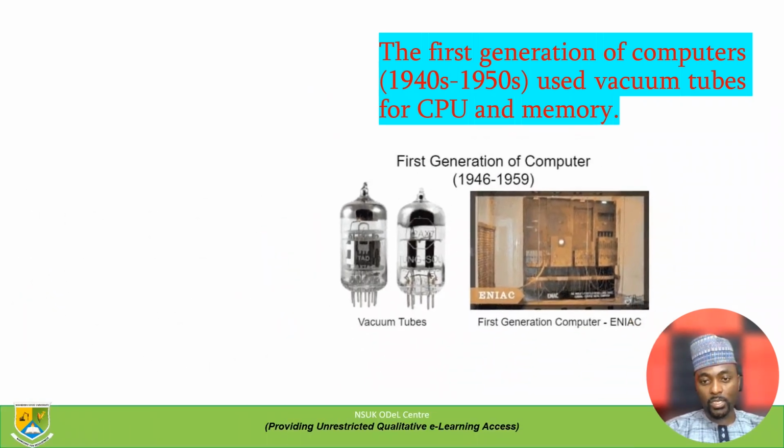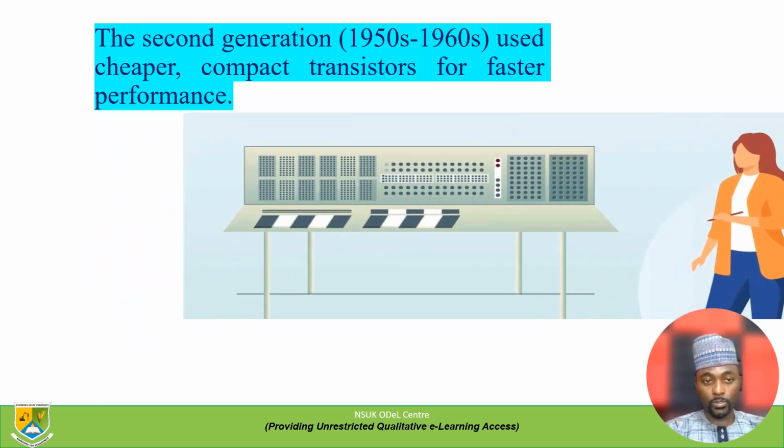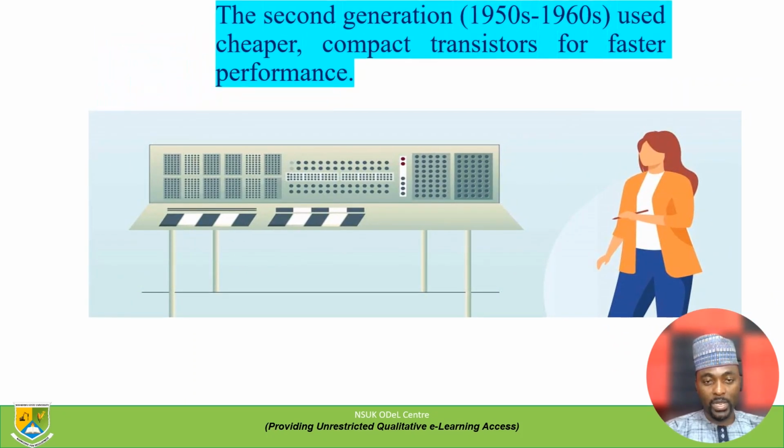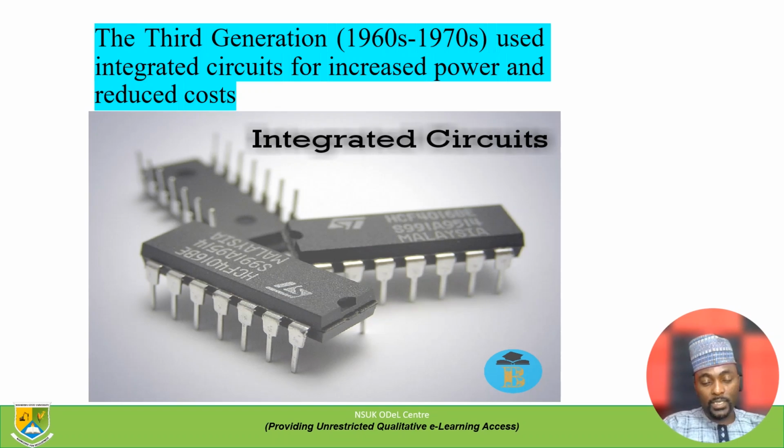Given some of these limitations of first generation computers, it led to the transistors in the second generation that replaced the vacuum tubes. The second generation computers existed between the 1950s and the 1960s and used transistors. In terms of size, the transistors are much smaller than the vacuum tubes. And then from the second generation, we have the third generation, where they use integrated circuits.